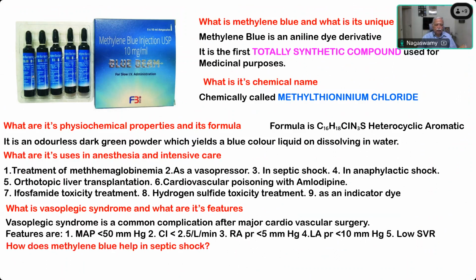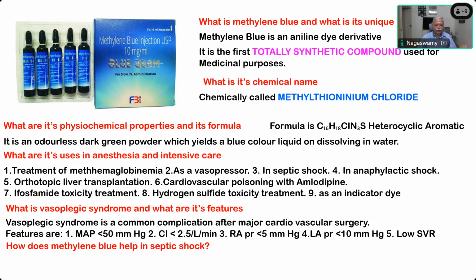How does methylene blue help in septic shock? This is one of the important critical care uses. What happens in septic shock? Why is the BP low? Because of vasodilation. So what drug do we commonly use? Noradrenaline. If noradrenaline is not helpful, then you use methylene blue.